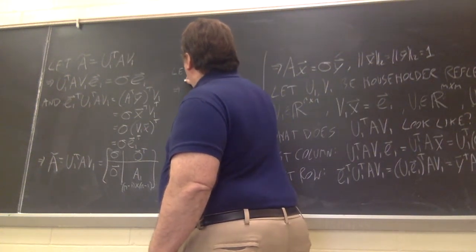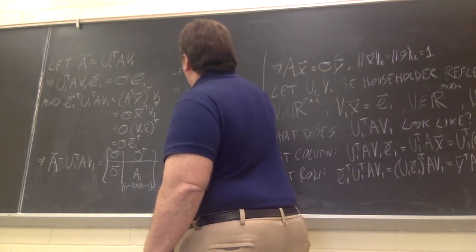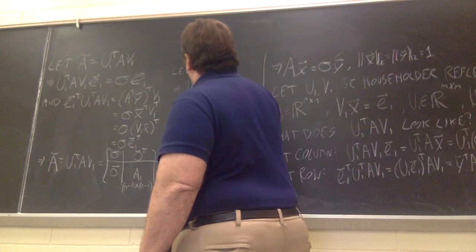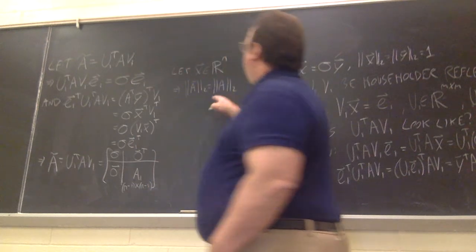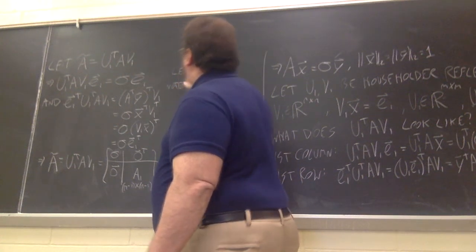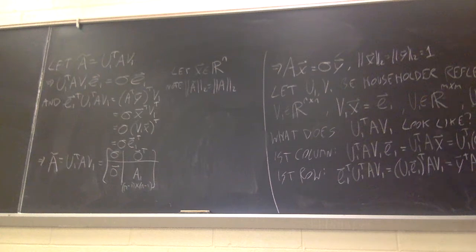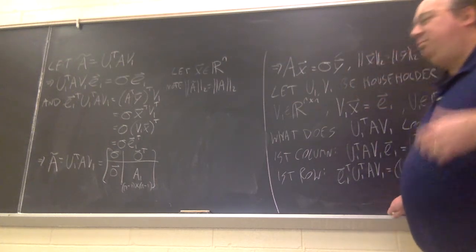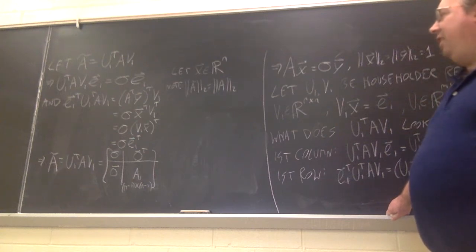I want to keep in mind that the 2 norm of A tilde is equal to the 2 norm of A. It doesn't really follow from this, but I want to make a note of it. The reason is that A and A tilde are related by multiplying by an orthogonal matrix. When you multiply a matrix by an orthogonal matrix on the left or right, that preserves the matrix 2 norm. I'm not going to go into why because that's a homework problem. I don't recall if I assigned it, so I'm not taking any chances. But it can be proved using various properties of orthogonal matrices.